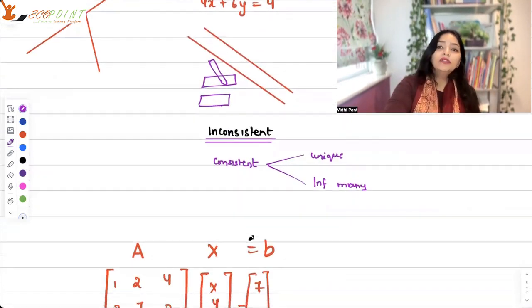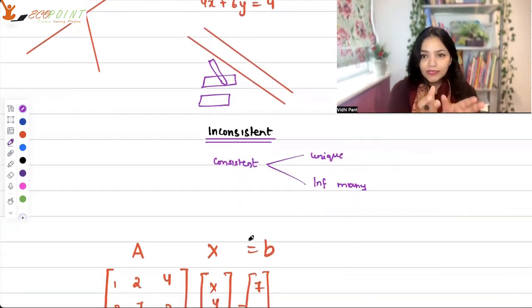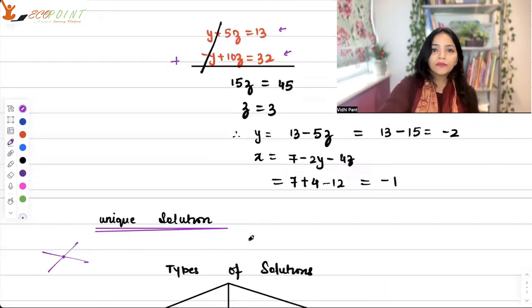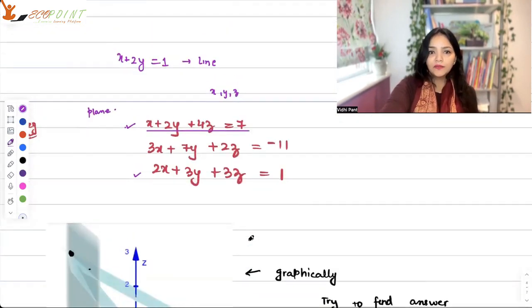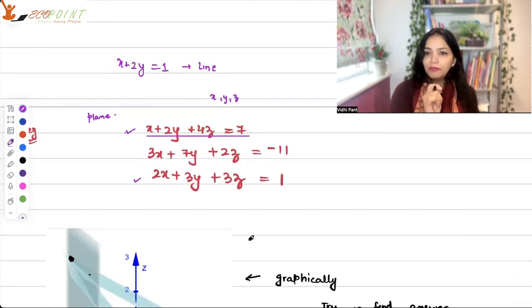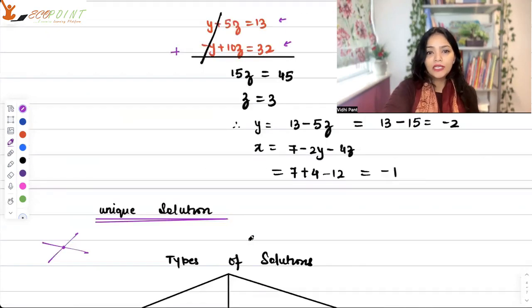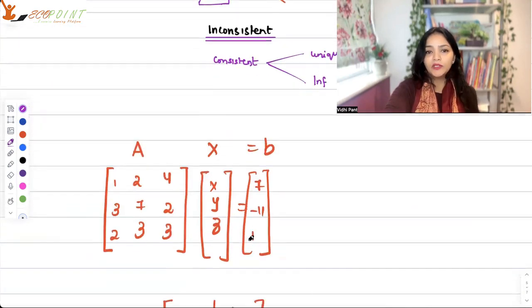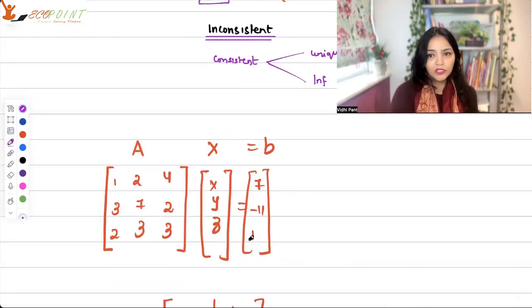Okay. Now the same system of equations that we saw, in this question you had three equations, three variables. The same could be depicted in a matrix formulation. Today, I will end my video by putting it in matrix formulation and guiding you on how to solve it.